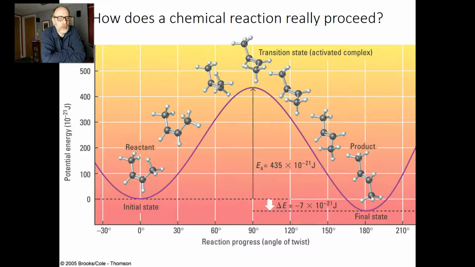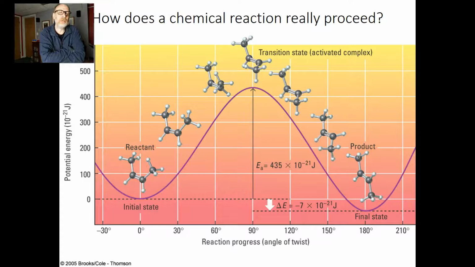And we're going from a high free energy to a low free energy, so our change in free energy, or delta G, would be negative. So we'd predict that this reaction would occur.